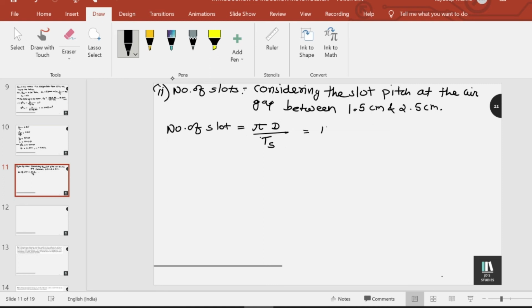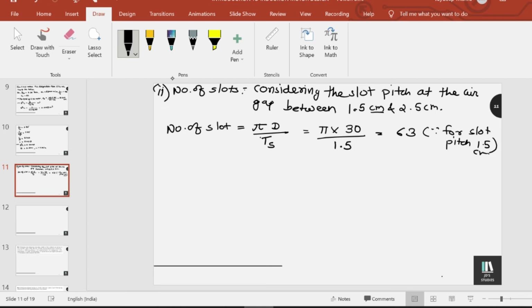Number of slots is pi into D, which is 0.30 meter. Meter is converted into centimeter, that's why we get 30 centimeter, and the slot pitch we consider 1.5. We will get the number of slots 63 for slot pitch 1.5 centimeter.